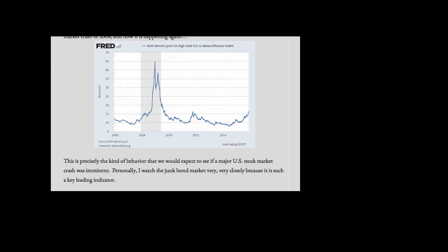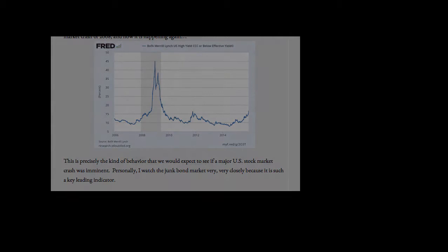This is precisely the kind of behavior that we would expect to see if a major U.S. stock market crash was imminent. Personally, I watch the junk bond market very, very closely because it is such a key leading indicator. If you tried to tell someone in China, Brazil, or Saudi Arabia that a financial crisis was not happening, they would simply laugh at you. We need to start learning that the world doesn't revolve around the United States.